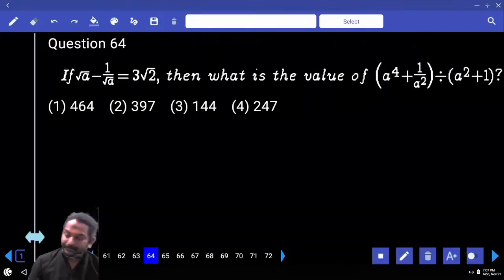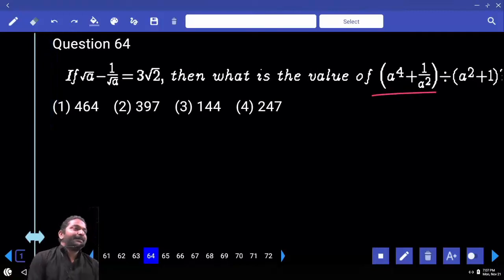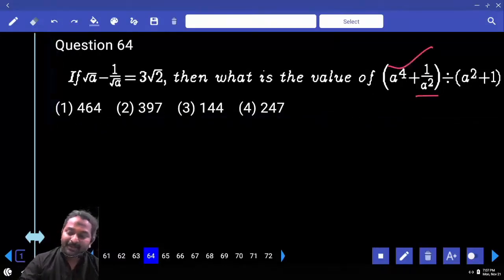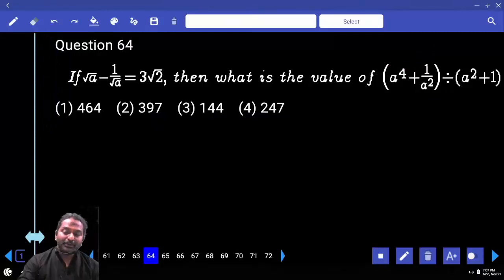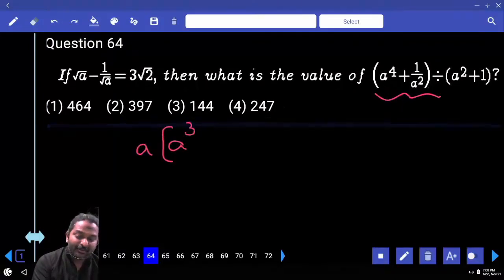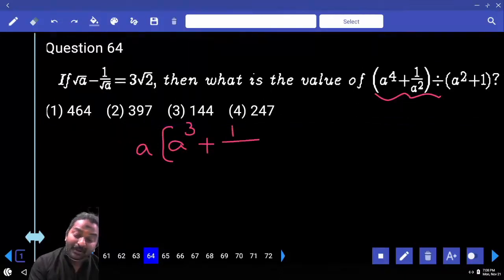We have uneven exponents for the numerator and denominator. The exponent in the denominator is 4. So what I want to do is make them equal. Out of this, if I take a common, what will be there? a cube plus 1 by a.